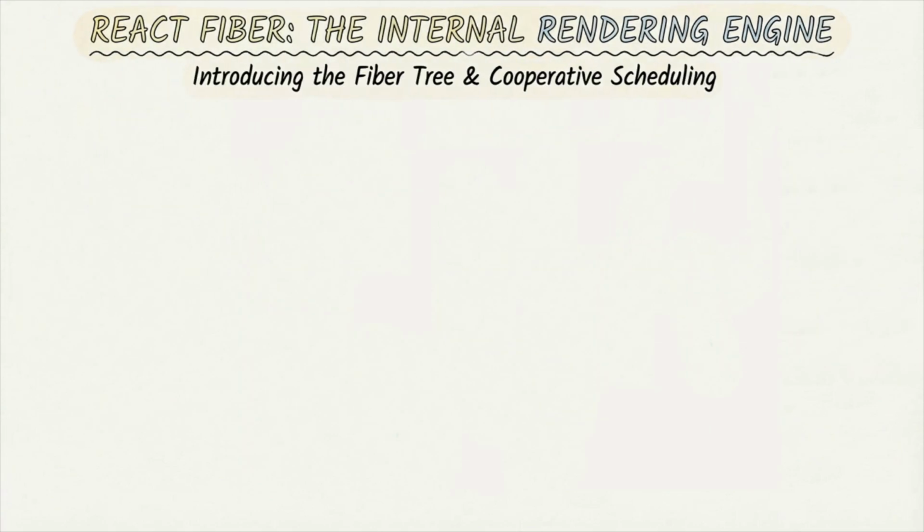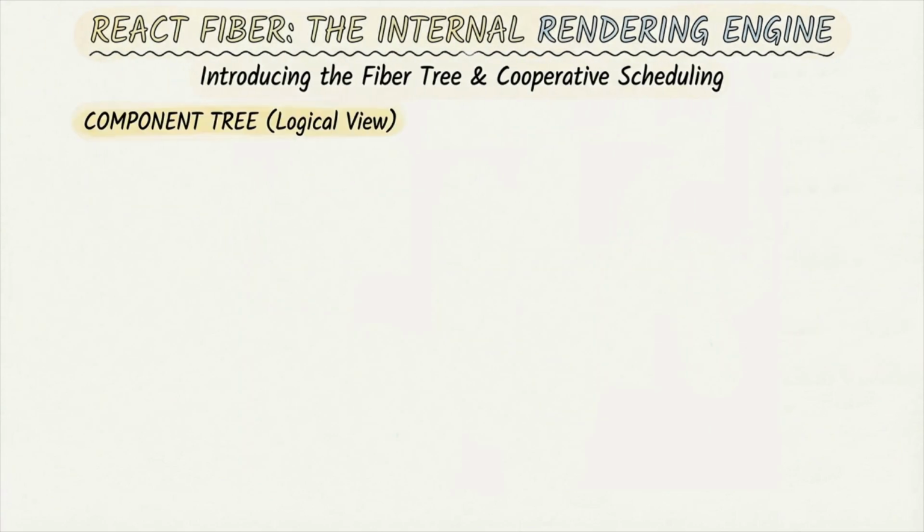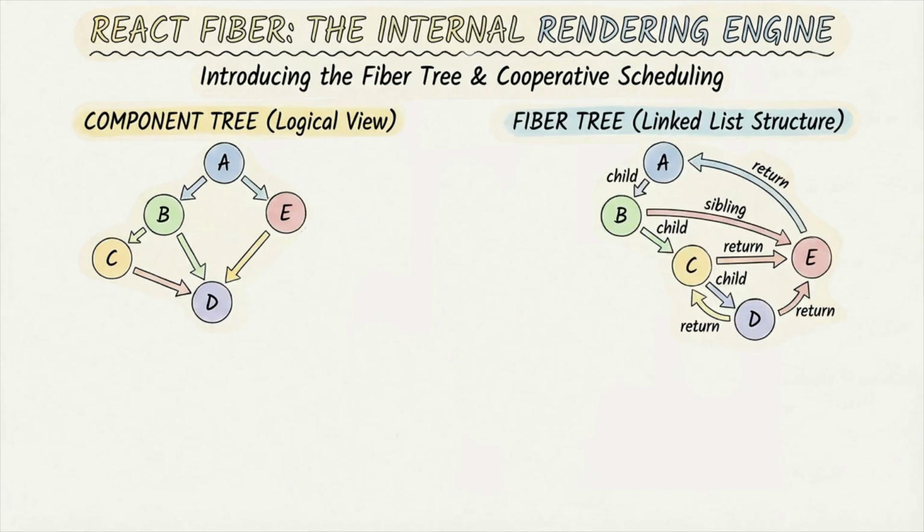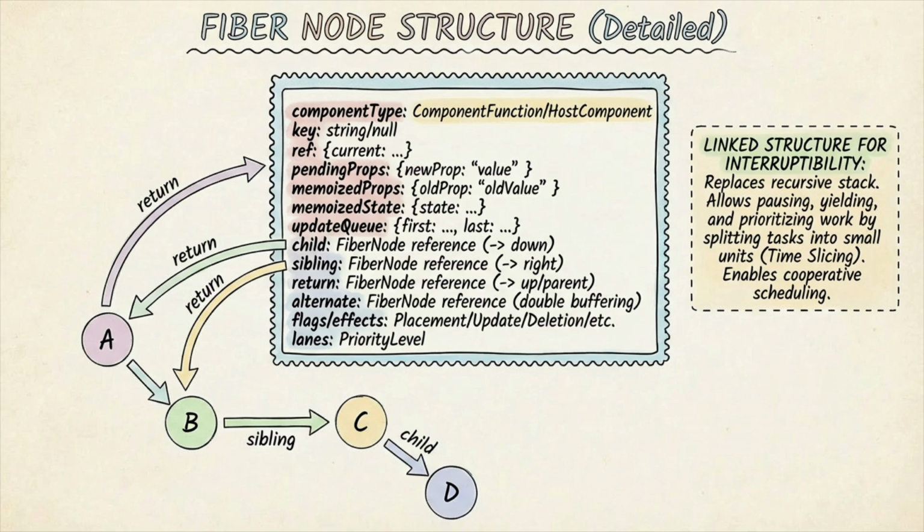React uses a scheduling system called Fiber. Fiber is React's internal engine. It's a tree structure that mirrors your component tree, where every component instance becomes a fiber node. Each fiber contains the component type, its props and state, reference to its children, and importantly, the work it needs to do.